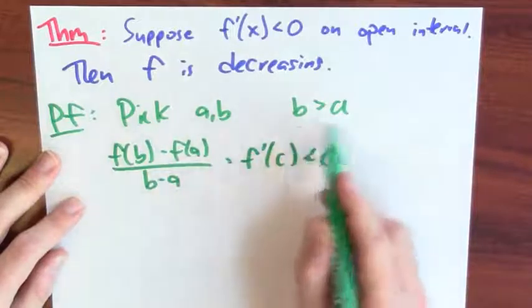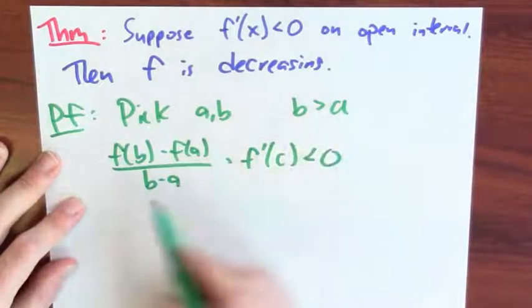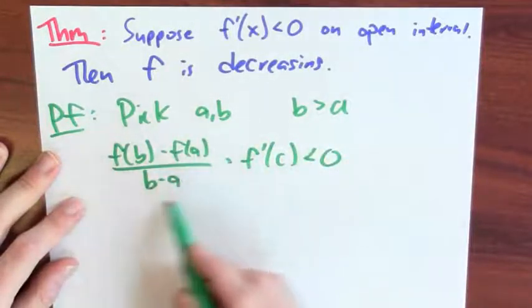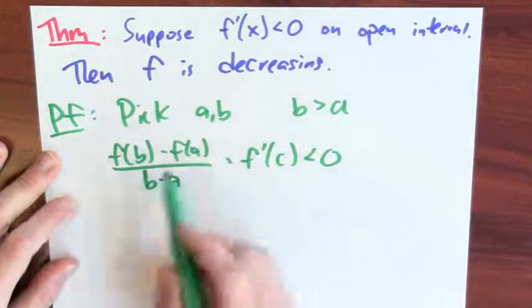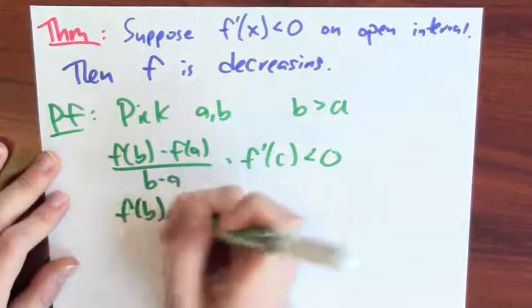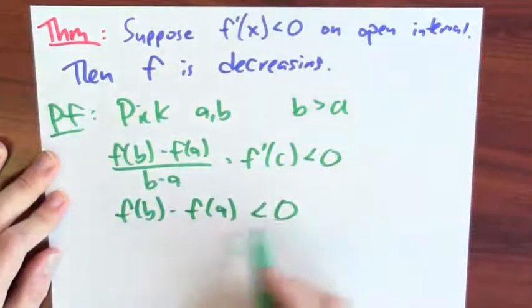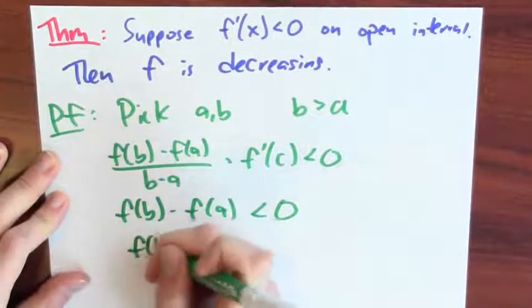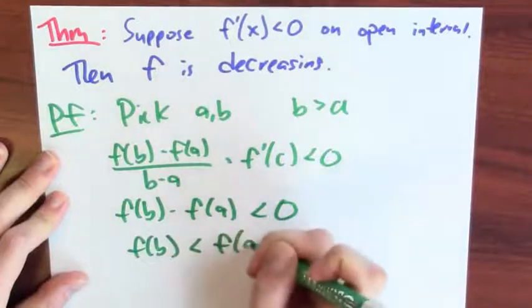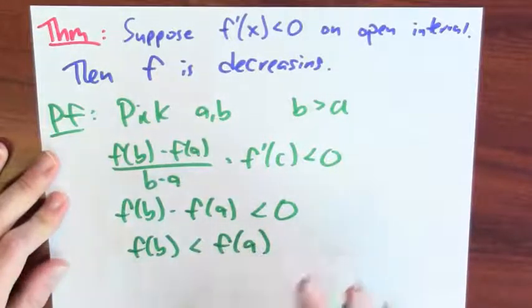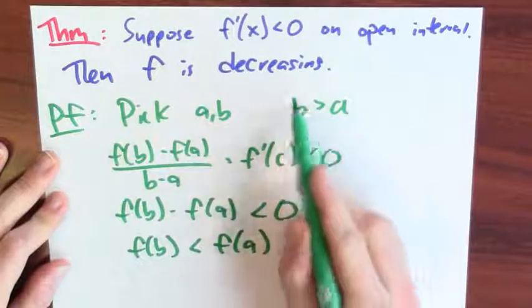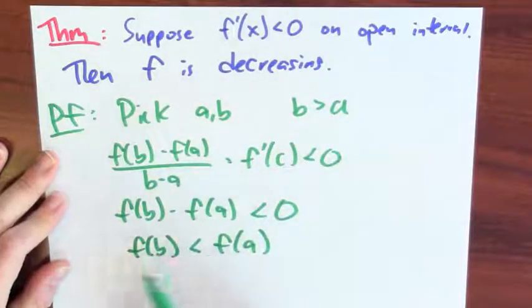Now b minus a is positive because b is bigger than a, so I've got a number I don't know divided by a positive number is negative. That means that f(b) - f(a) must be negative. Then I add f(a) to both sides, and I can conclude that f(b) is less than f(a). In other words, f sends bigger inputs to smaller outputs.